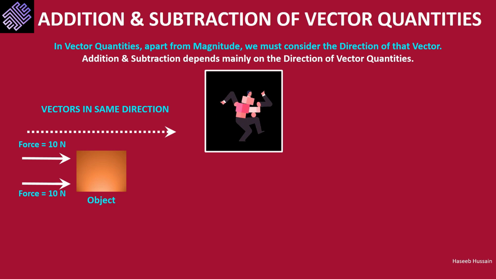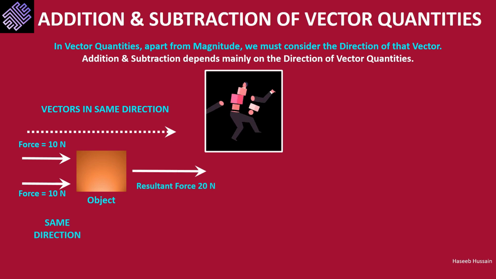In the case below, two forces due east of 10 Newton each are striking an object. What will be the resultant force by which the object moves? It will be 20 Newton, 10 plus 10. Those forces are added because they're in the same direction. So when vectors are in the same direction, vector addition will occur.